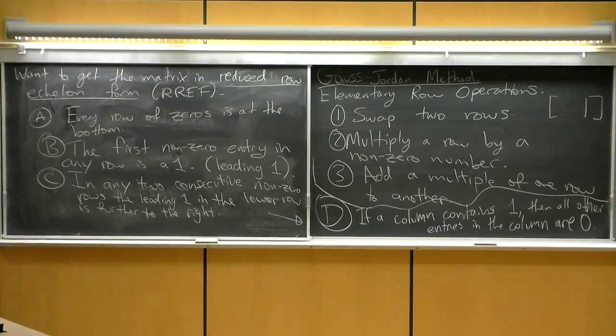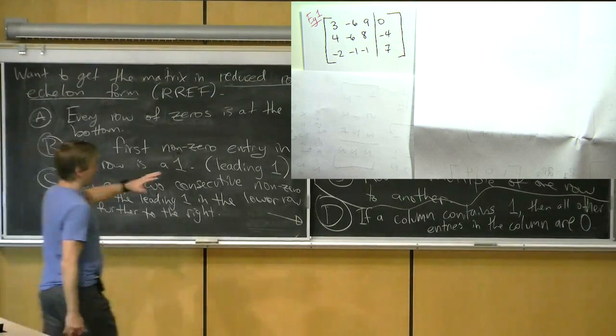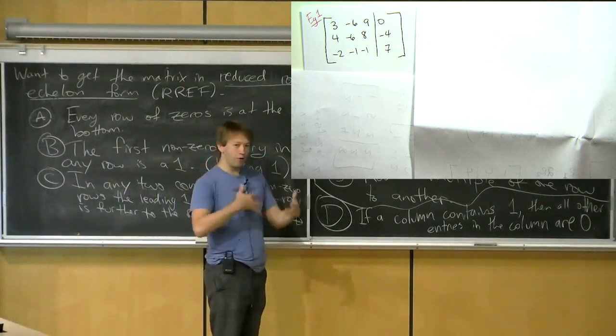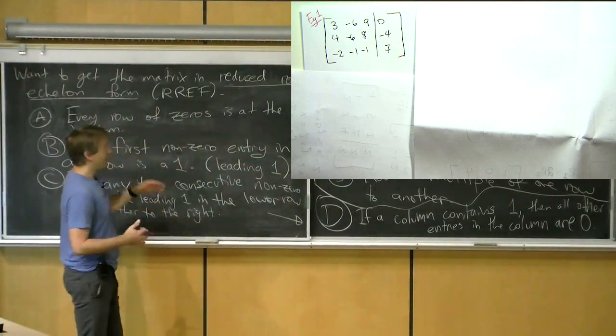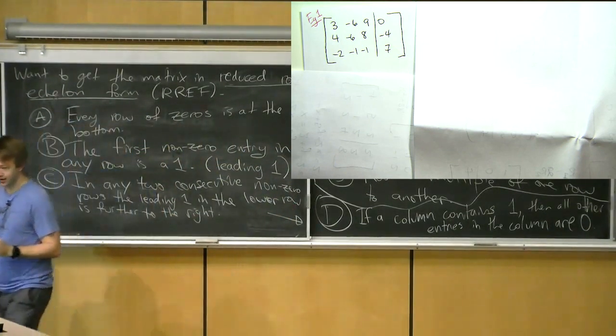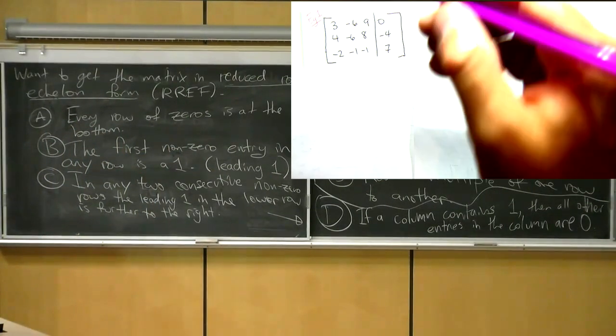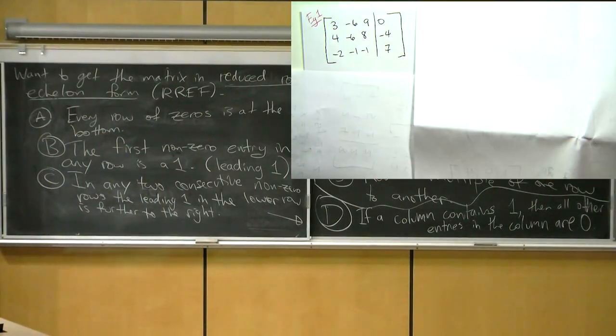So let's do an example. What I want to do is apply these rules over and over to turn that matrix into one that's in reduced row echelon form. Here's the process.